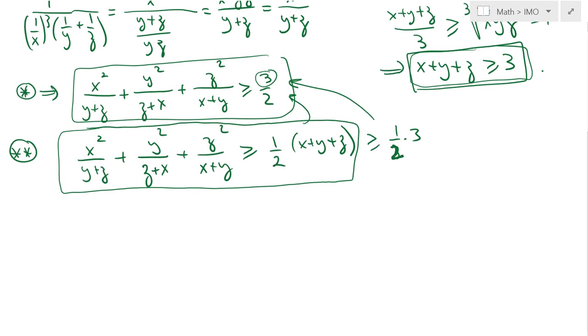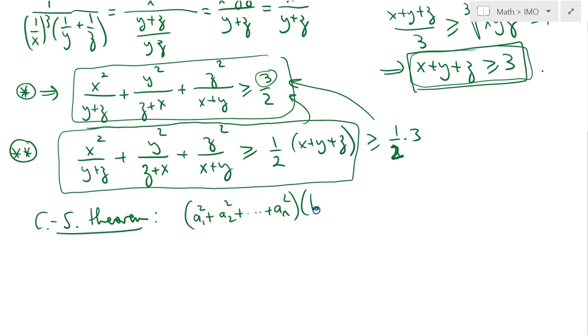Okay, so for this I will make use of the Cauchy-Schwarz theorem. Let me just remind you the more common form: (a1 squared plus a2 squared plus ... plus an squared) times (b1 squared plus ... plus bn squared) is greater than or equal to (a1 b1 plus a2 b2 plus ... plus an bn) squared.